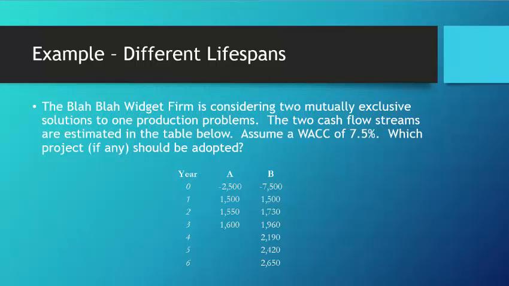Yeah, I made sure that they would easily do a replacement chain quickly. And so let me show you how to do these in both ways, the EAA and the replacement chain. And I'm going to do two different replacement chains, one of them a more textbook approach, and the other one let's adjust for some inflation, which we really should be doing, by the way, because the inflation rate is embedded in our weighted average cost of capital.